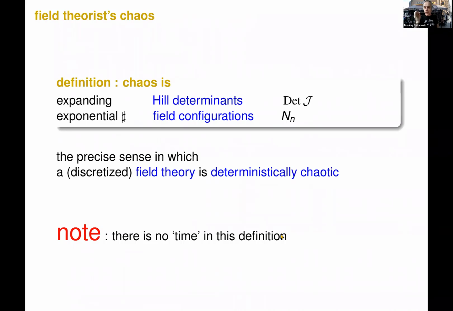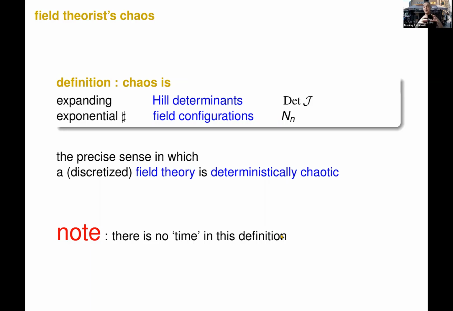So now I can tell you how field theorists should be thinking about chaos, and I'll repeat it twice in this talk. So chaos is expanding Hill determinants, meaning when you look at the determinant of J, this matrix has some eigenvalues which are larger than 1, so neighborhoods are expanding.